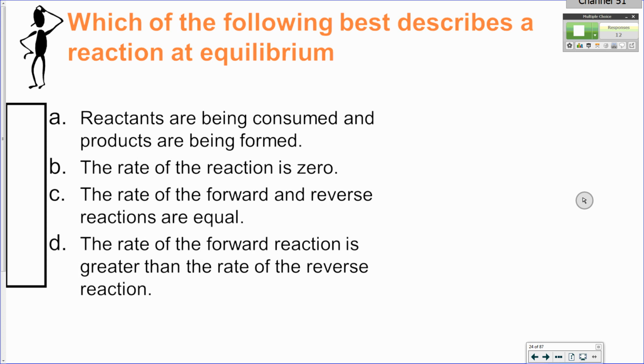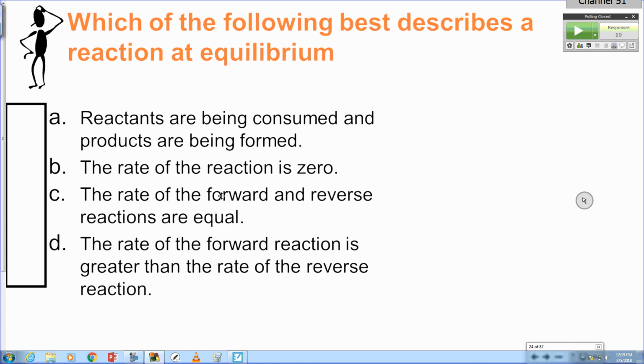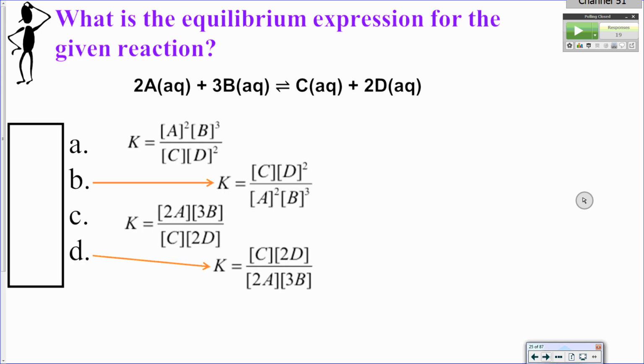Survey says, all right, most people think it's choice C, and that is correct. A system that's at equilibrium is where the forward and reverse rates are equal to one. There's going to be no net change in the system. Okay?